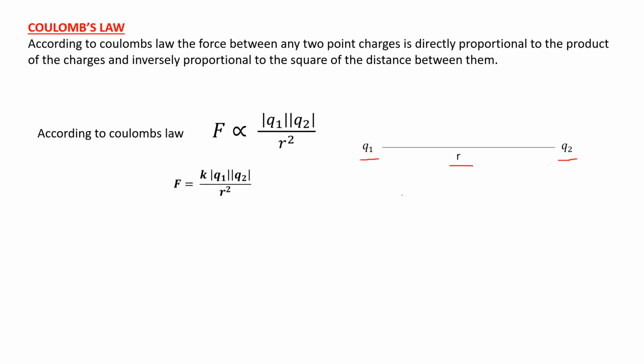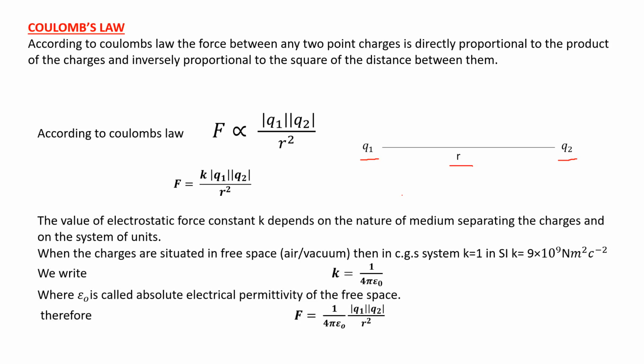So when we remove this proportionality sign, we have to write a proportionality constant K. The value of this electrostatic force constant depends upon the nature of the medium between the two charges. When the charges are situated in free space, then in the CGS system the value of this K is equal to 1.